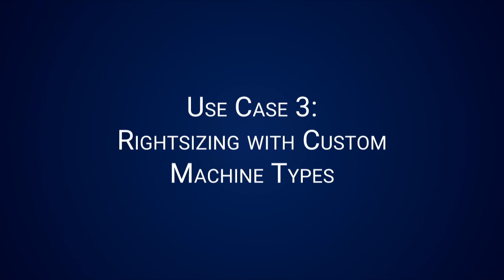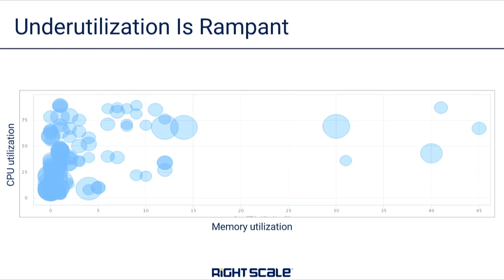The last use case I wanted to share was around rightsizing using custom machine types. This is a screenshot of a part of RightScale cost analytics that we call the utilization report. Along the horizontal axis is how much memory utilization there is on an instance. Farther to the right, more memory.